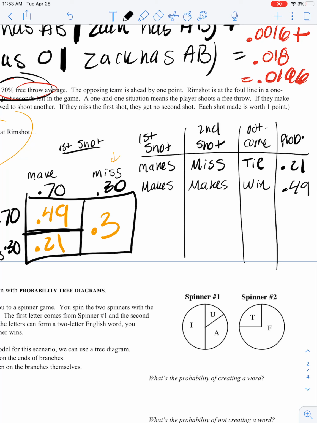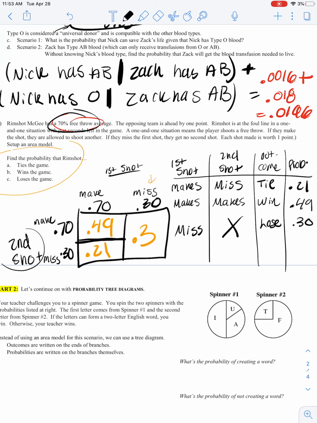And that probability we found was 0.49. If he misses the first shot, he doesn't get the second shot, which means they lose the game. That was 0.30. So, to tie the game, the probability is 0.21, to win the game is 0.49, and to lose the game, 0.30. And that's the end of part 1.